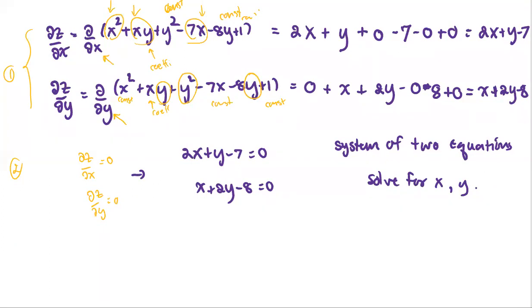It might be less complicated if you prefer substitution. For the first equation, it's easier to solve for y: y equals negative 2x plus 7. Then you substitute y into the second equation. Now you have x plus 2 times the quantity negative 2x plus 7, minus 8 equals 0.